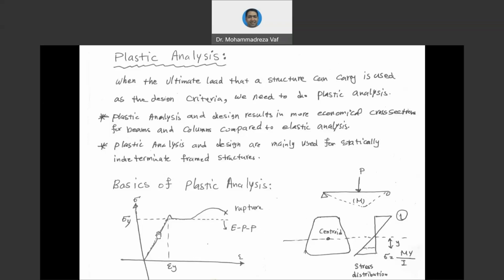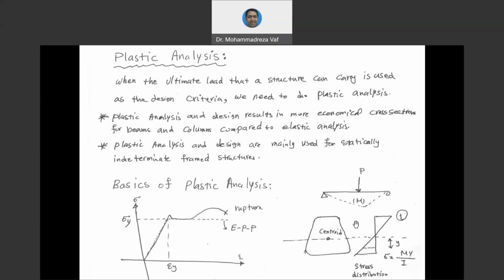When you are in the linear region of your stress, you can always show the stress distribution in the cross-section through this graph. Here we have the neutral axis that shows the bending axis of the cross-section. Above this line, normally we have tensile stress, and below this line, we have compressive stress.